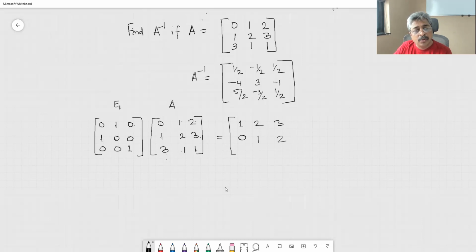And the last row, 0 into 0, 0, 0, 3, as it is. 0, 1, 0, 2, 1 as it is. 0, 2, 0, 3, 0.